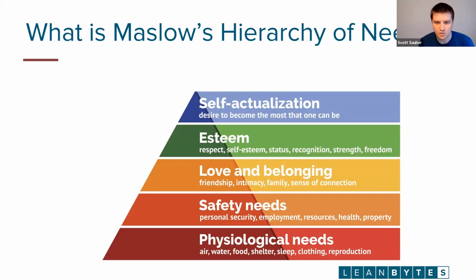Then you can keep moving up to love and belonging, where you start worrying about relationships. Once you have those three things in place, you can start worrying about your esteem, your freedom, your self-esteem, before you get all the way to the top and start trying to be the best person that you could be.